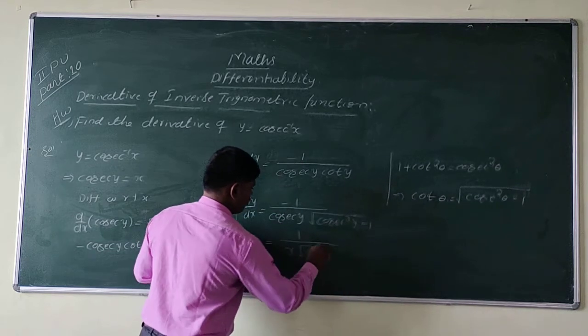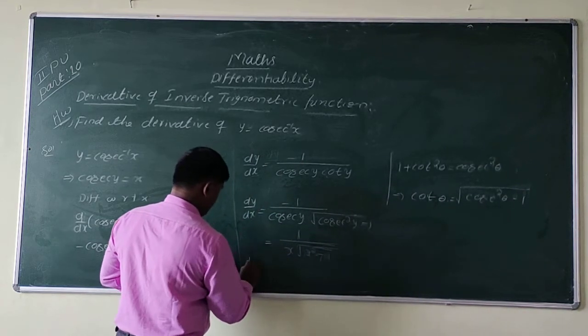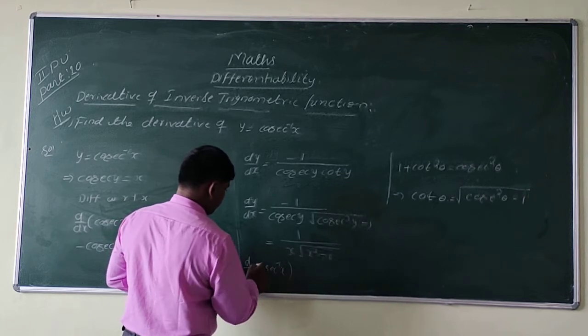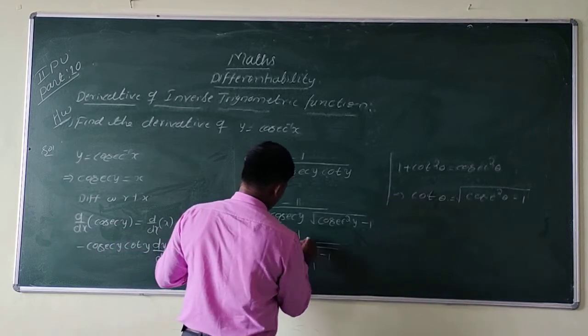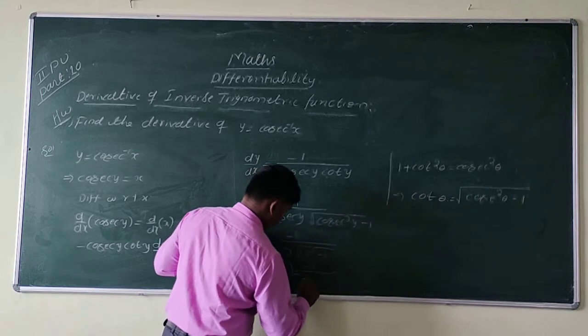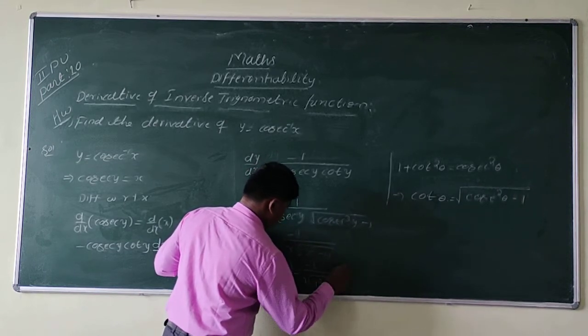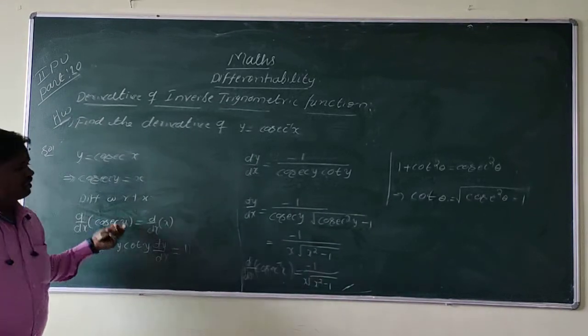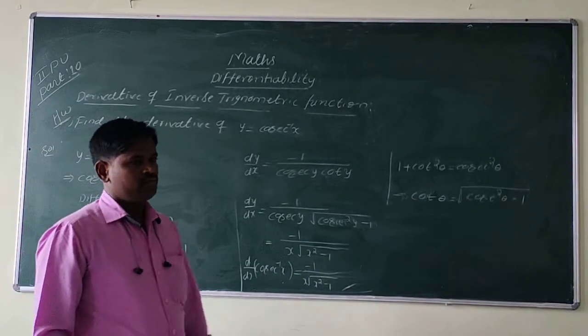Therefore, dy by dx of cosecant inverse of x is equal to minus 1 by x into root of x square minus 1. So these are the standard formulas, and now we are going to use them. Write down.